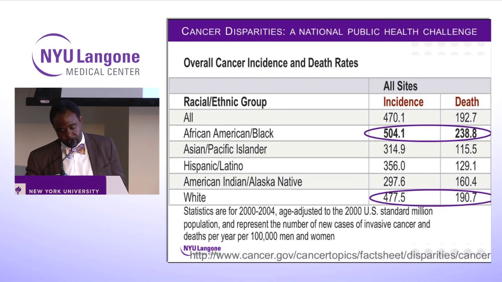This graphic from the American Cancer Society shows that blacks are much more likely to develop cancer than any other group, and also likely to die from cancer than any other group.